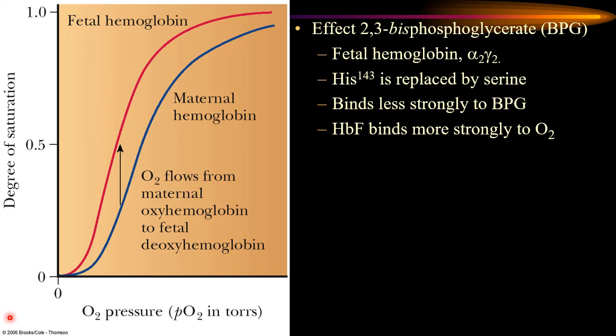But the difference in the affinity for oxygen is enough such that there's now a flow of oxygen from maternal hemoglobin into the fetal hemoglobin. So maternal oxyhemoglobin transfers its oxygen to the originally fetal deoxyhemoglobin, such that the fetal hemoglobin is now oxygenated.